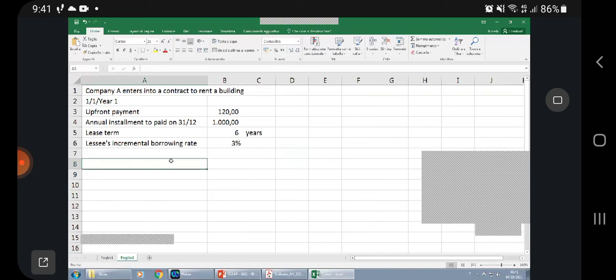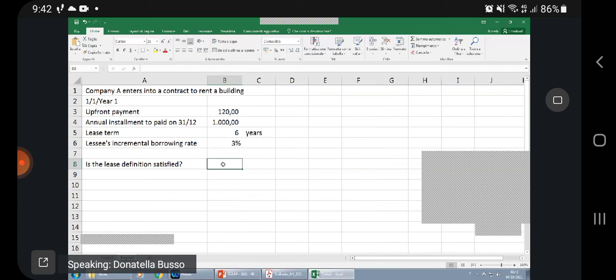So, the company asks, first of all, does this contract satisfy the lease definition or not? The lease definition is satisfied because we have the building that is identified, the right to use the building, and so the company can decide how to use the building and the company can benefit from the use of the building.